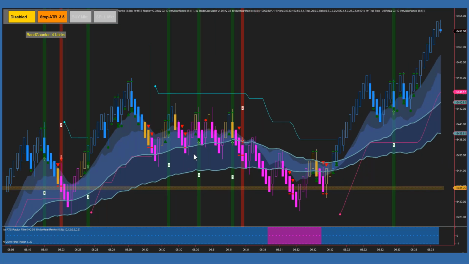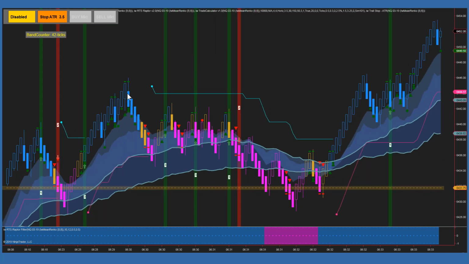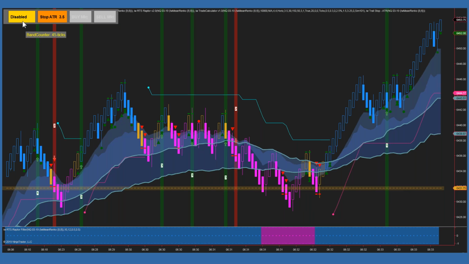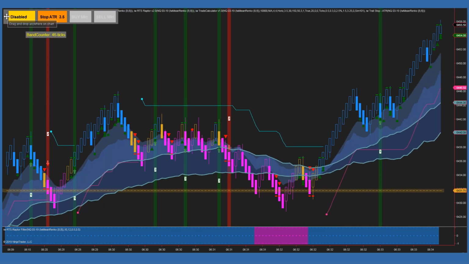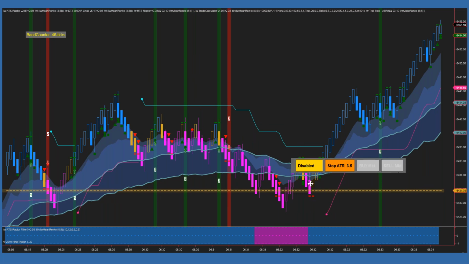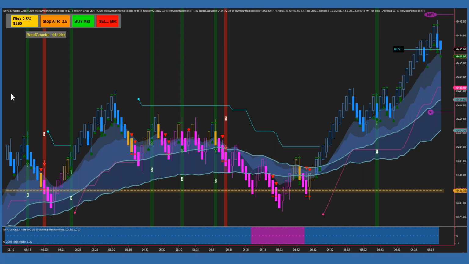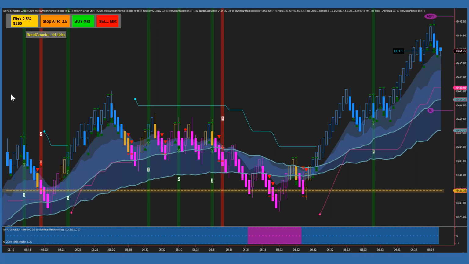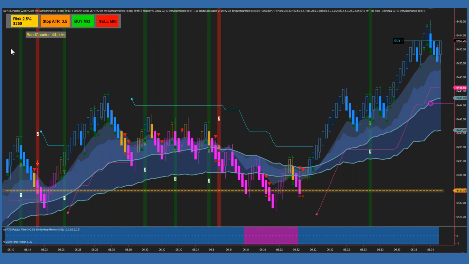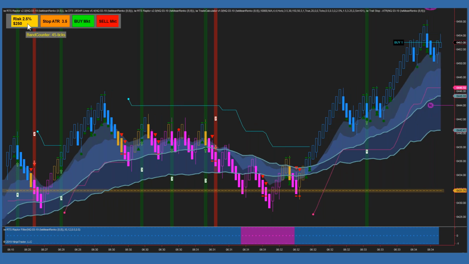We were able to migrate a lot of the features over, but unfortunately not all of them. The trade calculator is parked up here. You can drag it anywhere you like on your chart, so it's out of the way, which is a nice little feature. And here is your on-off button. It does the ultra important risk calculation, so you keep from blowing yourself up.